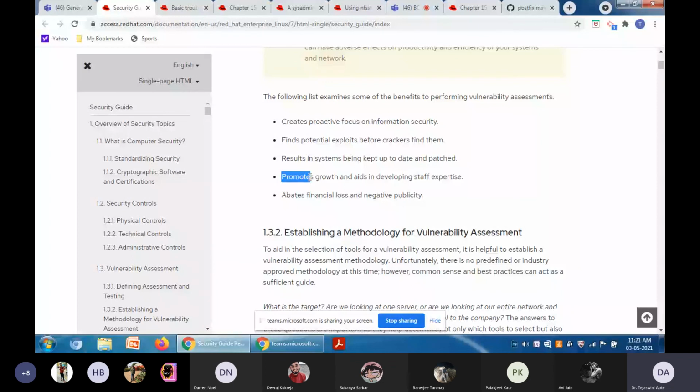So developing staff expertise is the first thing you need to look for when you are trying to prevent the system from the lenient behavior of employees on the inside.